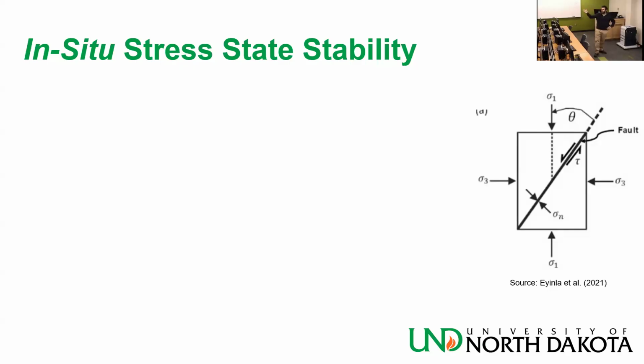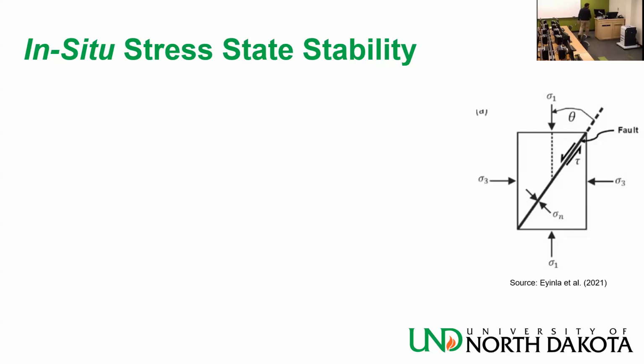If SH max is bigger than SV, which is bigger than SH min, it is strike slip. That gives you an infinite amount of permutations for the stress state in the Earth subsurface.